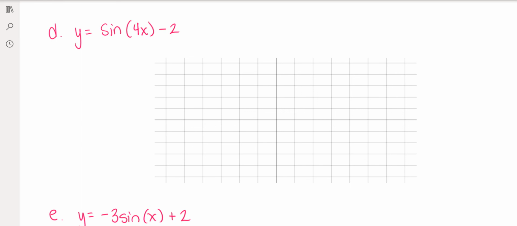Okay, so for D, our amplitude is 1. Our period, what'd you get for the period, Christian? It is pi over 2. So really tiny period. The y-intercept is 0, negative 2. And the midline is y equals negative 2.